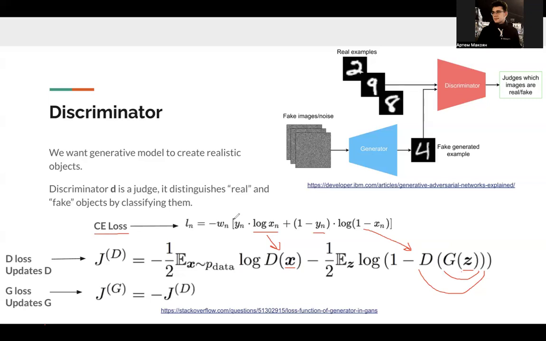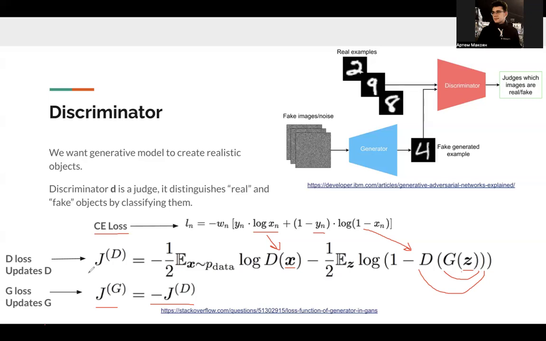So the discriminator should be very good, and the loss should be small. But for the generator, we take this loss with minus. Why with minus? Because for the discriminator, we want to minimize this loss. But the generator should make the discriminator make mistakes.